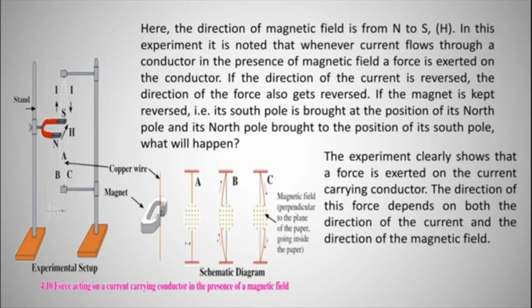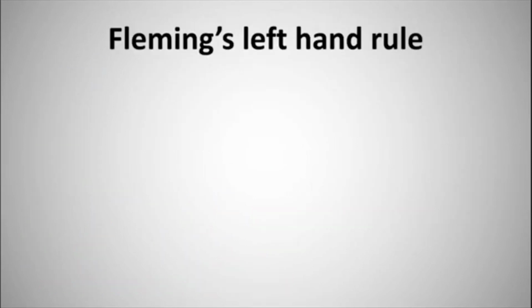Fleming's left hand rule. In the before experiment, we consider the direction of electric current and the direction of the magnetic field and found that the direction of the force exerted is perpendicular to both. There is a simple rule relating to these directions.